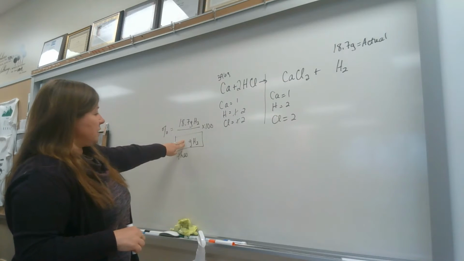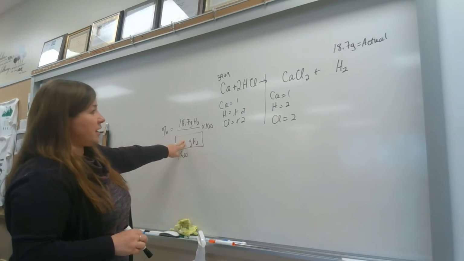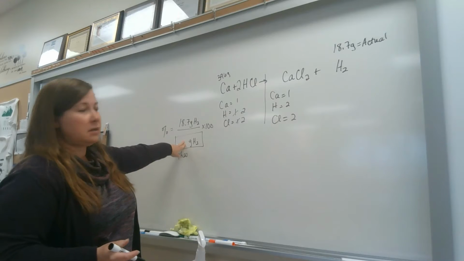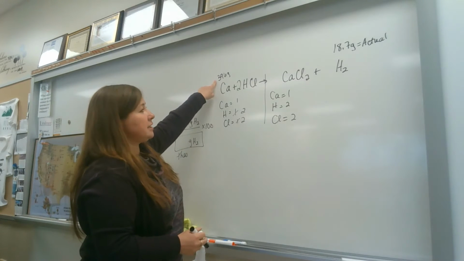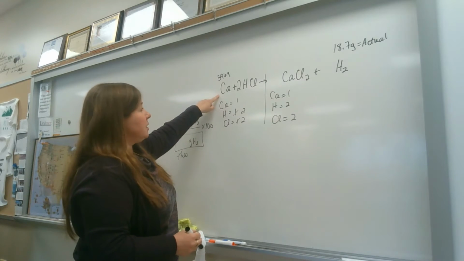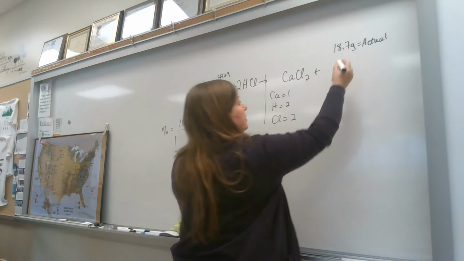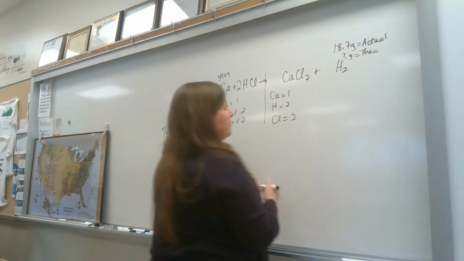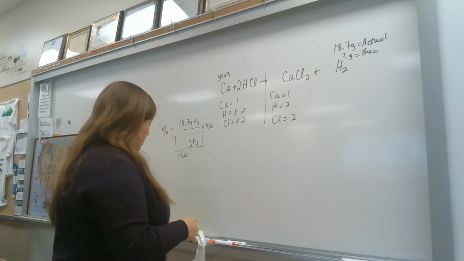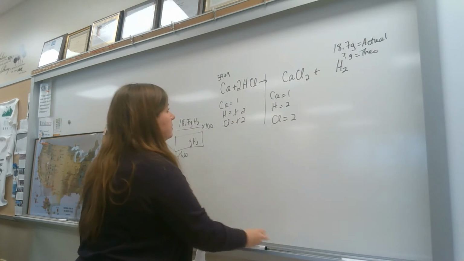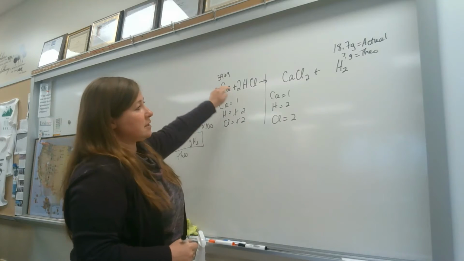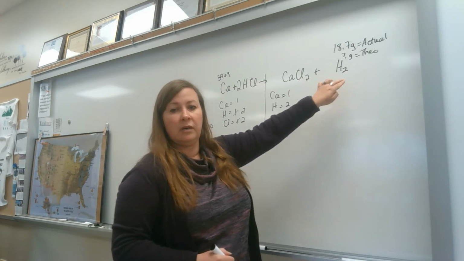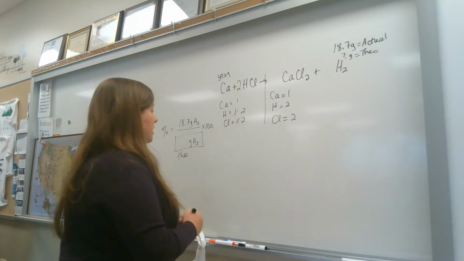So the question really becomes, how many grams of hydrogen should we have gotten, assuming we started with 396 grams of calcium? So we really want to know how many grams is our theoretical yield. So for this question, we're going from grams of calcium to grams of hydrogen. Grams to grams means 4 fractions.